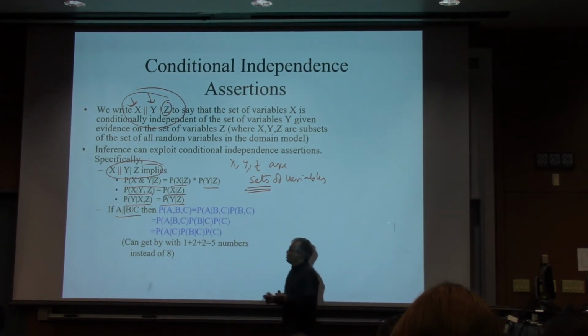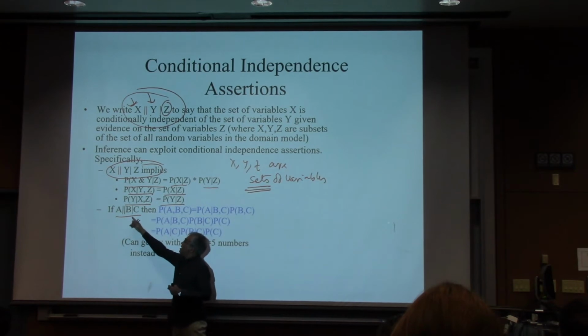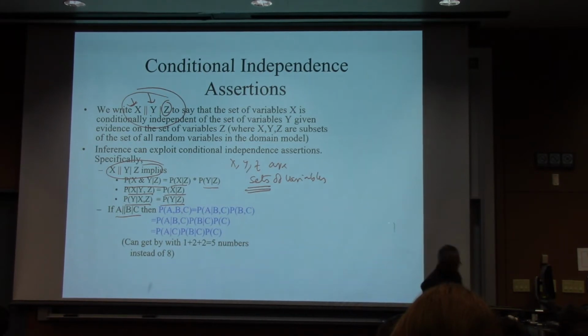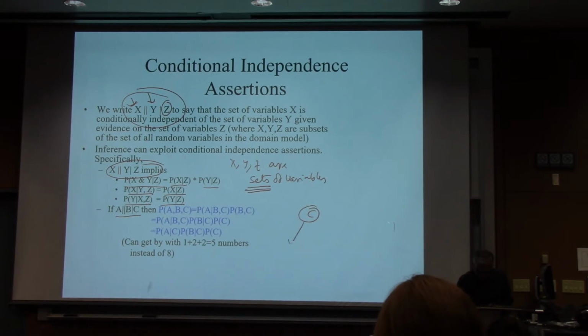Okay? And so if A is independent of B given C, in essence, normally you can write that in a Bayes network by putting C and putting A, putting B like this.